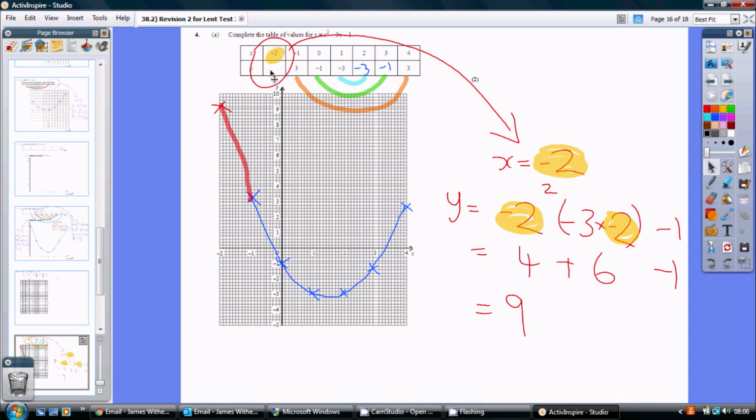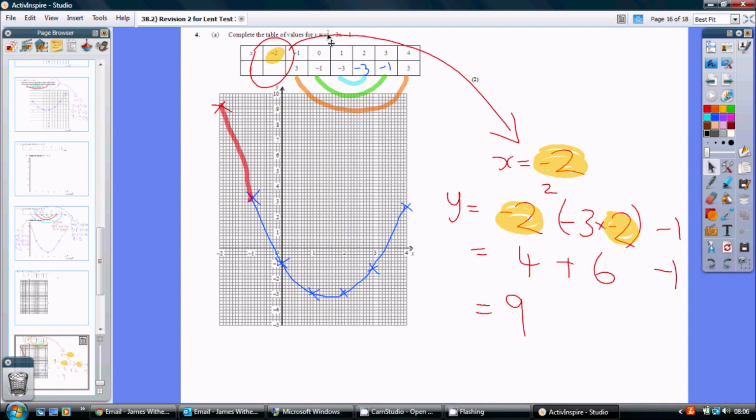Now you've got to be ever so careful when you do a minus value. Minus 2 squared means minus 2 times minus 2, which is plus 4. If you're using your calculator, be careful, because if you put minus 2 squared into your calculator, you will get minus 4, because the calculator is following BIDMAS and doesn't appreciate that you're doing minus 2.